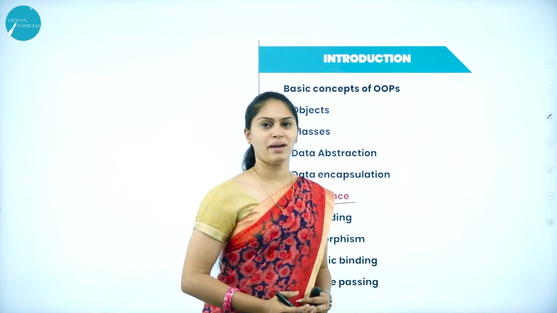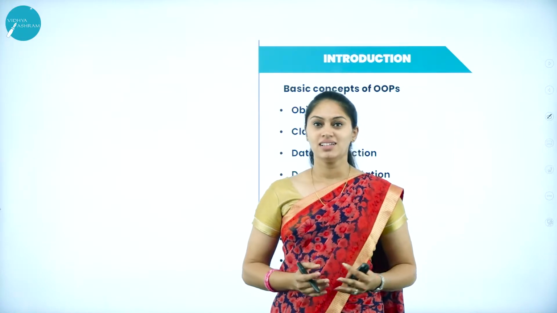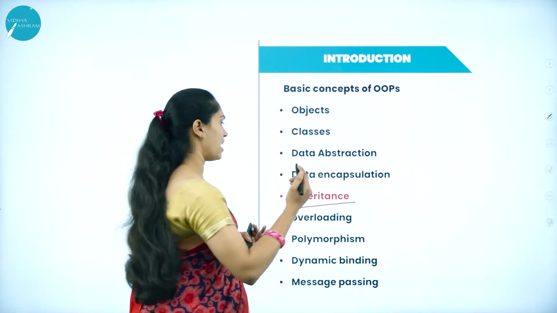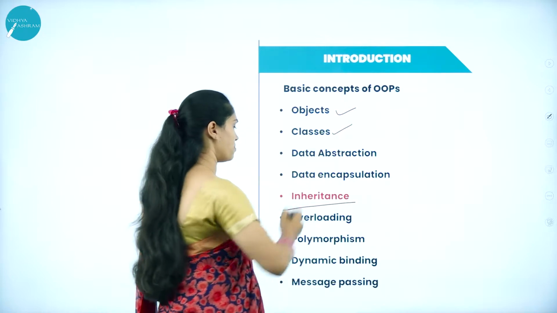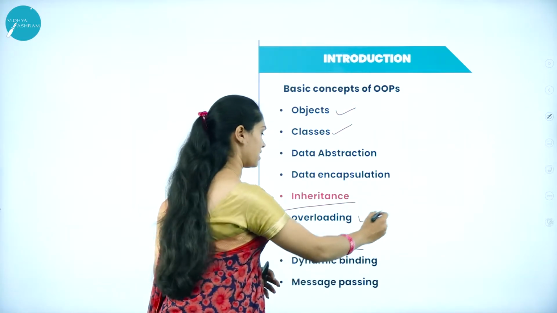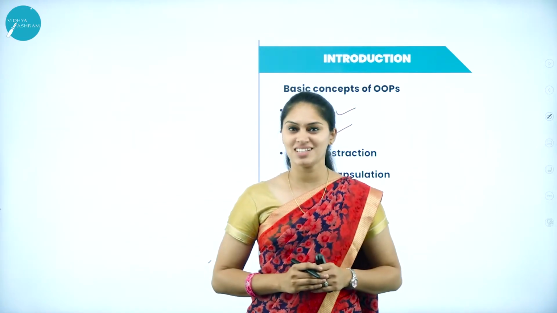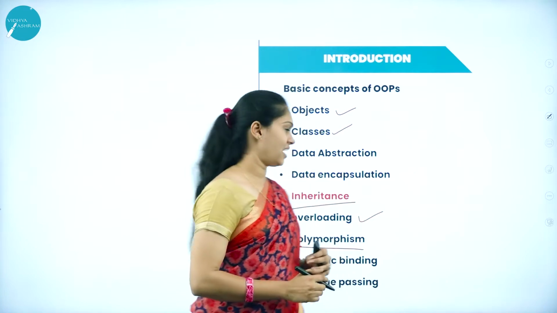These are the basic concepts of object-oriented programming. In previous chapters we discussed classes and objects and also learned about polymorphism along with overloading, right? So in today's session, I will be discussing inheritance.